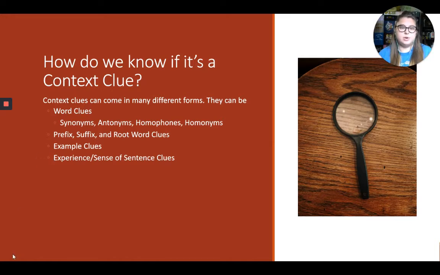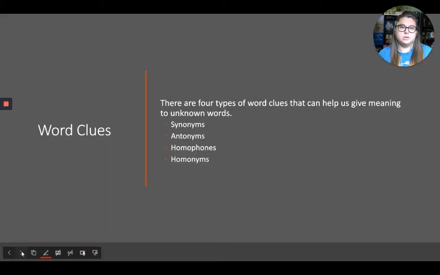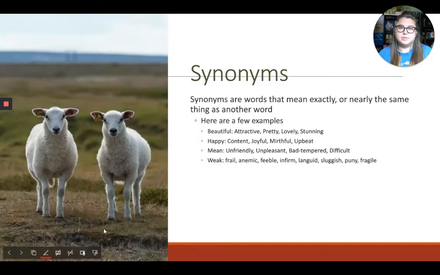So first up, we're going to talk about the word clues. Word clues have those 4 types: synonyms, antonyms, homophones, and homonyms. We're going to talk about synonyms and antonyms first. Let's start with synonyms. Synonyms are words that mean exactly or nearly the same as another word.